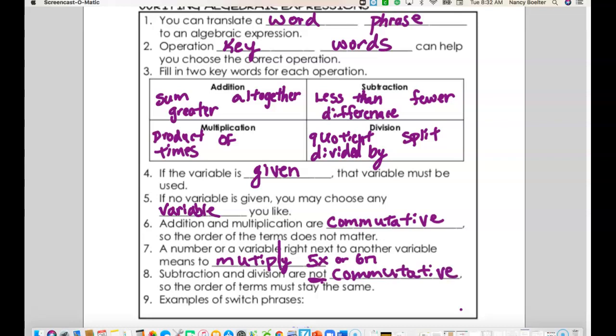Some examples of switch phrases are less than, goes into, and subtracted from. Those are going to be some of those phrases that you need to switch the order of the numbers as they appear in the written out phrase.